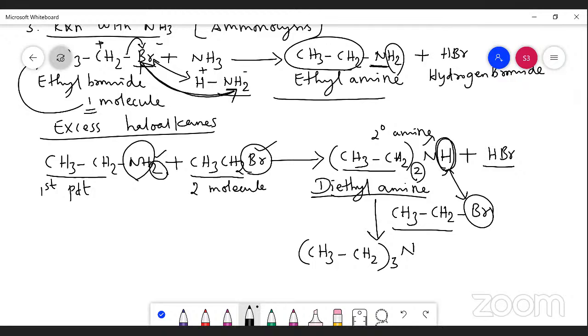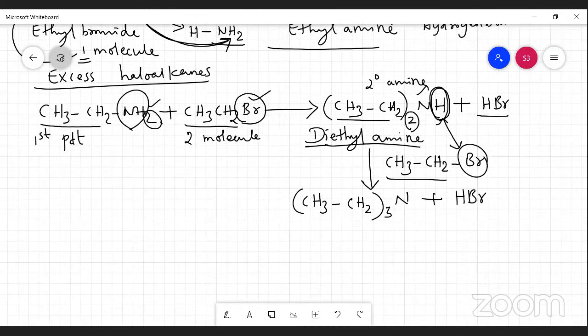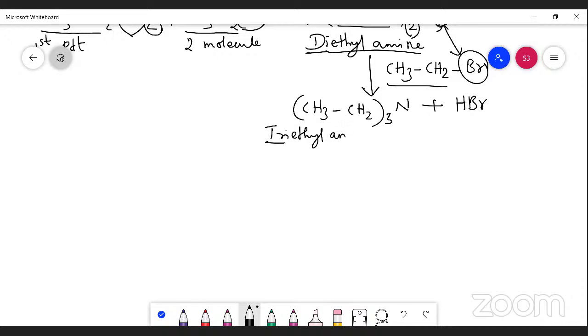And the same side product, HBr, is remaining. Okay, so now we take the product. CH3CH2 3 times. This is triethyl. We know 3 times ethyl group. That's why triethylamine.